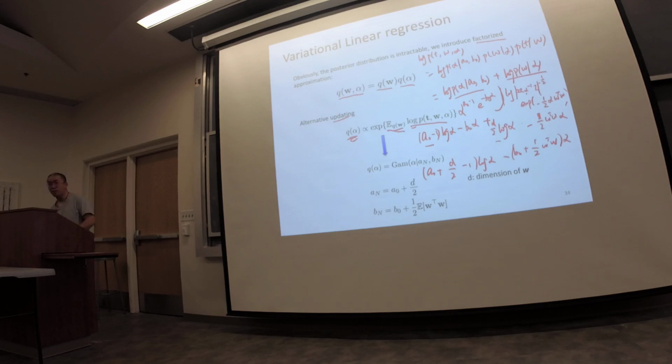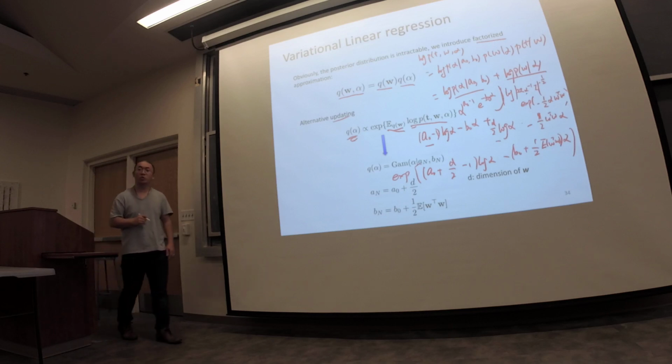Then you have to take the expectation under q of w. The only term that relates to w is w transpose w, so you can simply take the expectation of w transpose w here. Now we take the exponential here. What is this distribution?